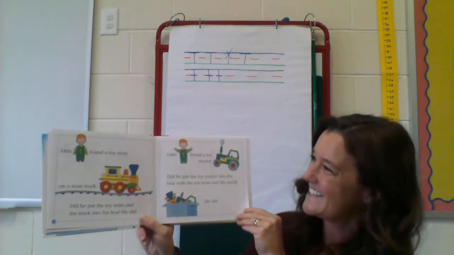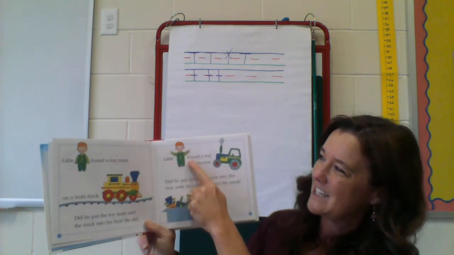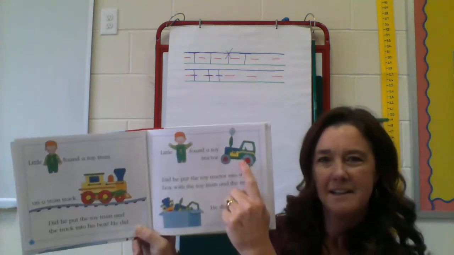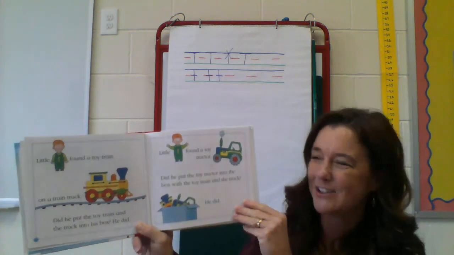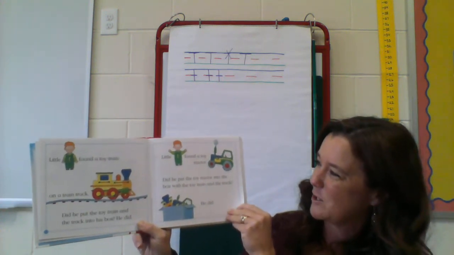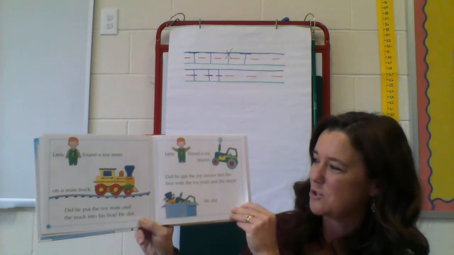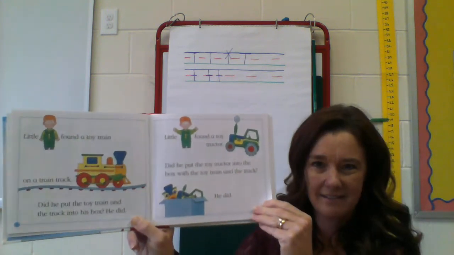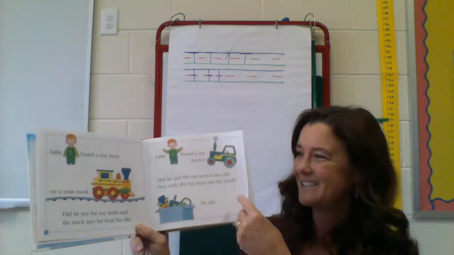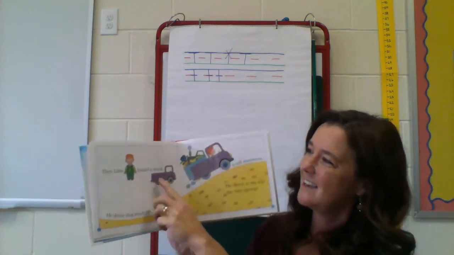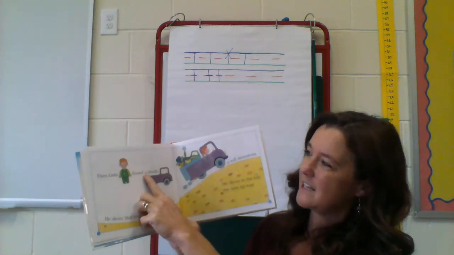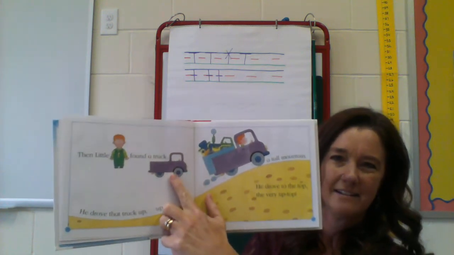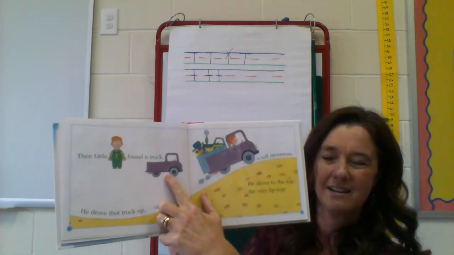He did. Little T found a toy tractor. Did he put the toy tractor into the box with the toy train and the track? He did. Little T found a, what is that? Truck.